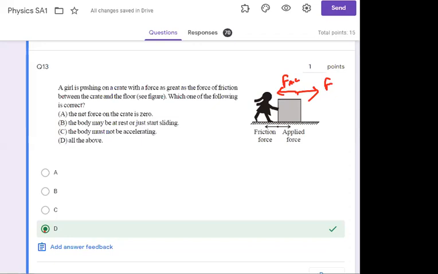Sir, because it is a tendency, it just tends to slide, right? So we know that in static friction, it is not accelerated, right? But at one point, it will tend to slide. Okay, yes, someone is asking. Sir, I was asking the same, why have they given just start sliding.